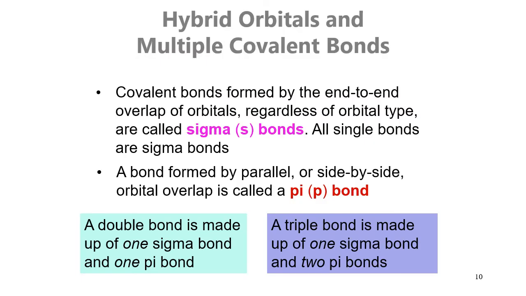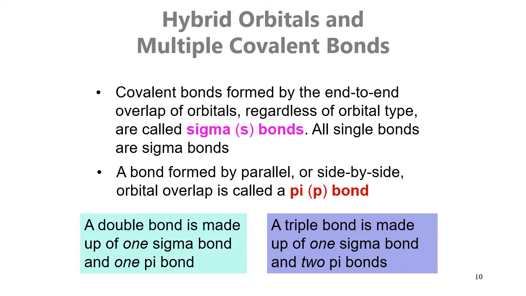These are the information that we already know, and I like to emphasize here that covalent bonds formed by the end-to-end overlap of orbitals, regardless of orbital type, are called sigma bond. Some books use S bond, referring to sigma bond.